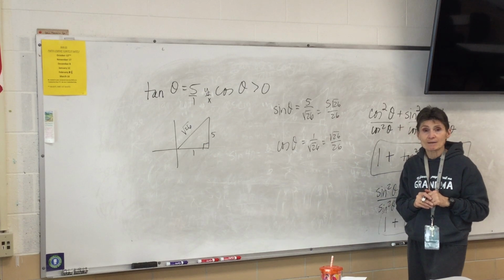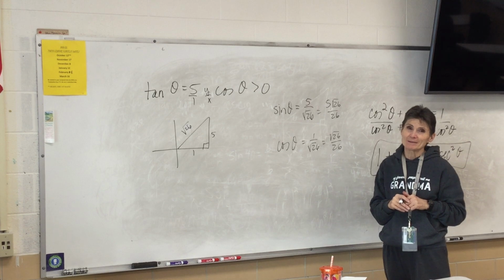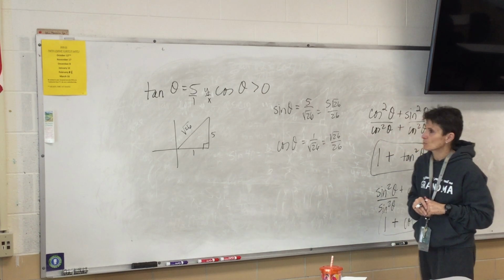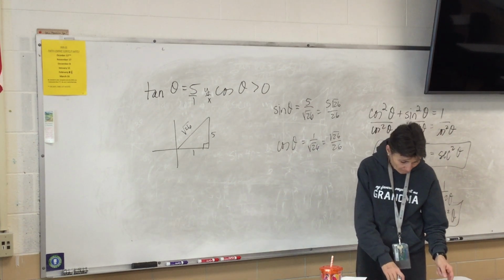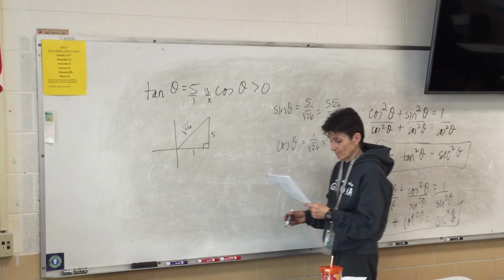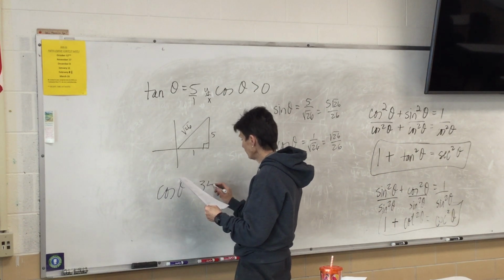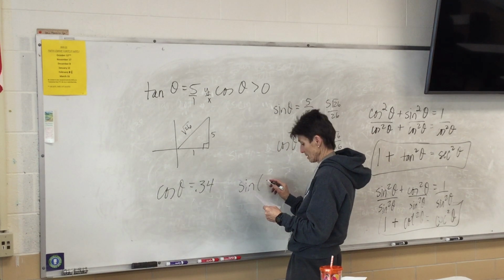So if that's 5, then that means the top number is 5 times the bottom number. It doesn't mean that the sine is 5 and the cosine's 1. Sine can't be 5, right? You know that.